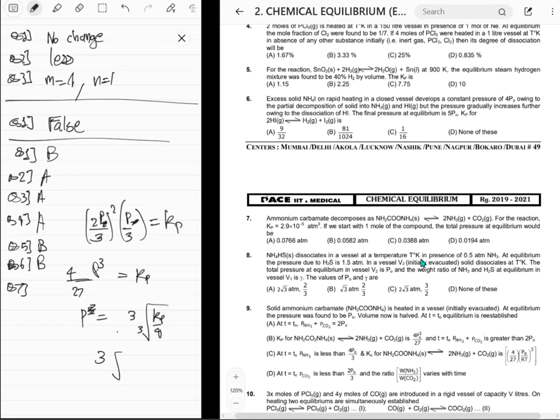So 3 cube root of, okay, 2.9. So 0.7 is 28. And for 10, it should be 25. Right. Into 10 power negative 5. So you can get this out. 72. No, 72 is not a good value.